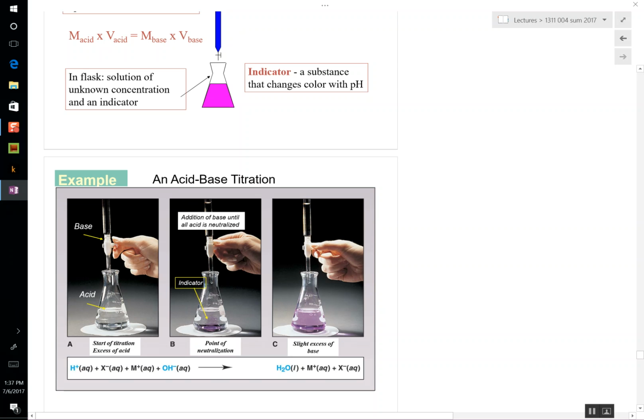Berko, you can turn the light back on. So what do we have here? In this case, the moles of acid is going to equal the moles of base.